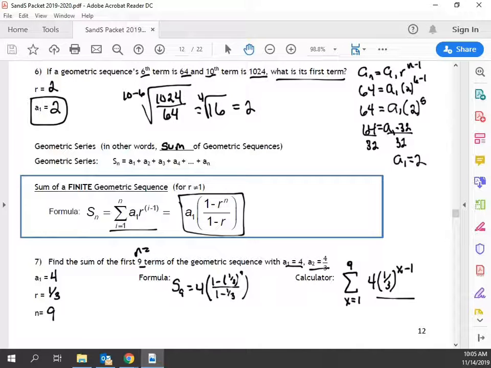So you have two options, however you want to do it. I want this side to do the formula and this side to do the summation. See what happens.